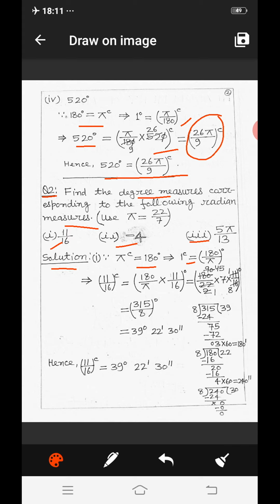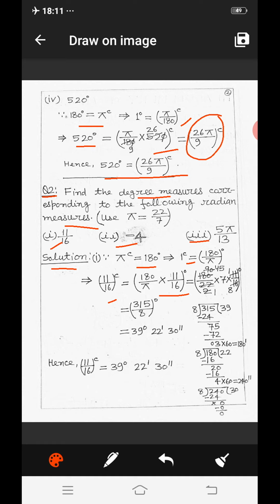So 11 by 16 radian is equal to 180 by pi into 11 by 16 degree, and this is equal to 180 by 22 into 7 into 11 by 16 degree.